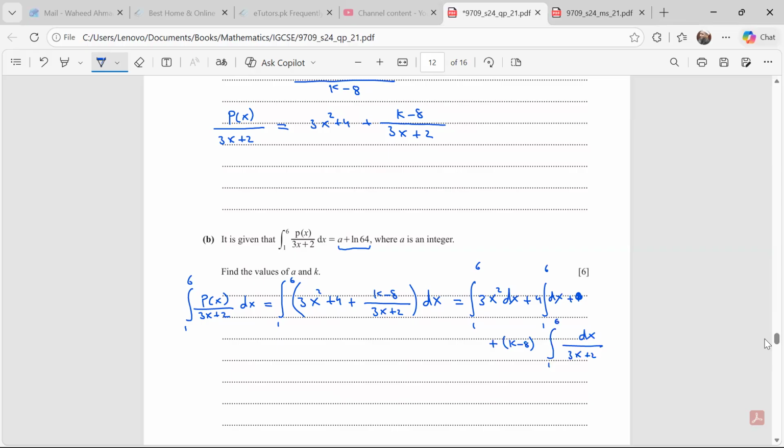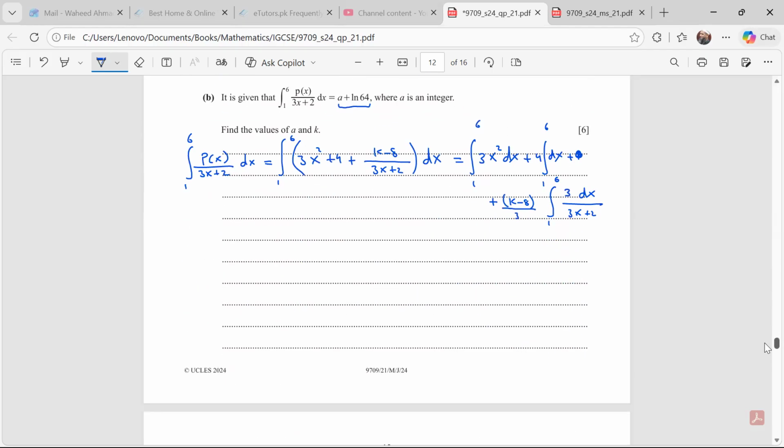If I take the derivative of 3x, it is 3, I put 3 over here and divide by 3. It's the same thing, right? So I haven't changed anything. Now this integration is easy.